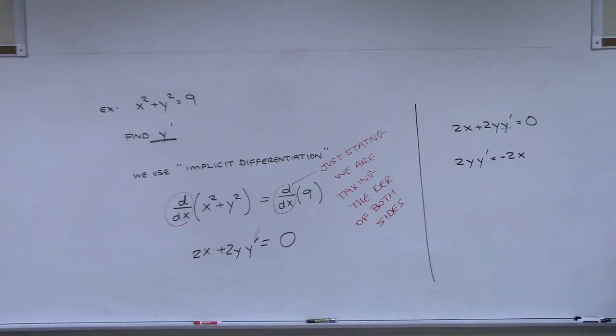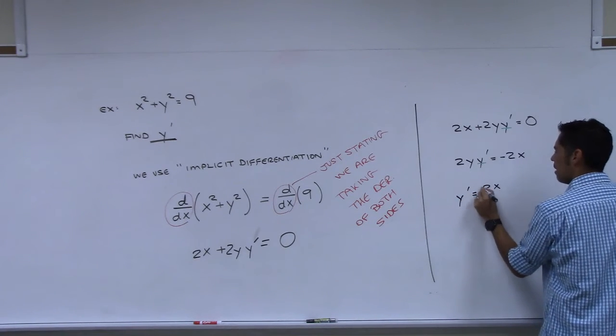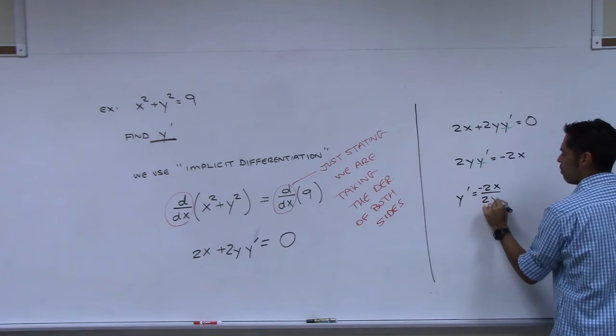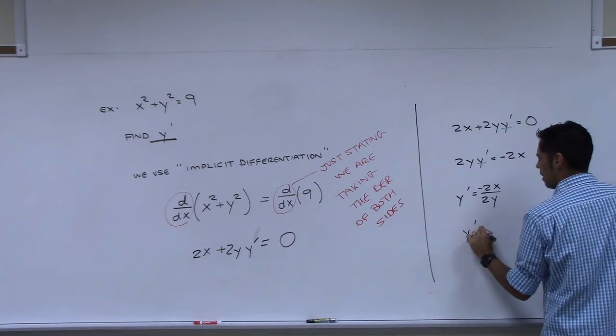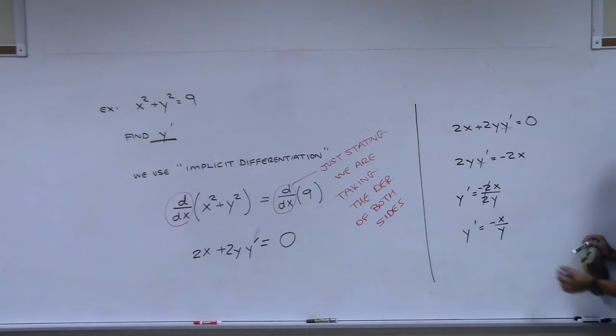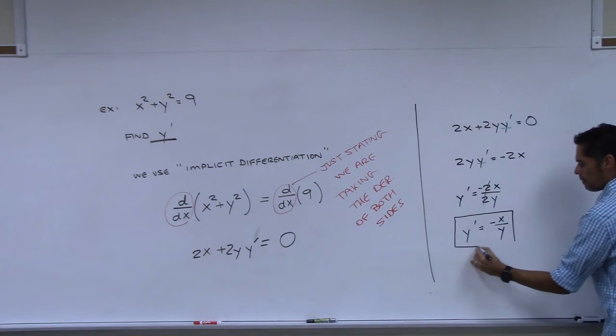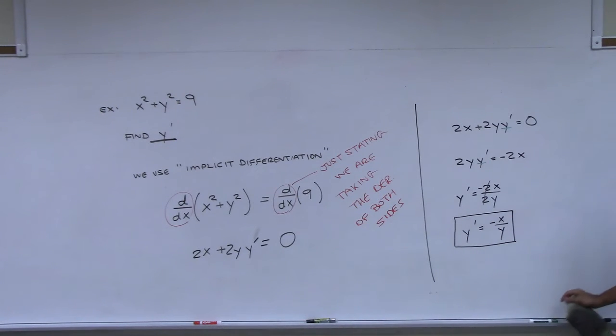And then what? Trying to isolate that. Divide by 2y. Negative 2x over 2y. So I can cancel these 2's, and y prime equals negative x over y. That's your answer.